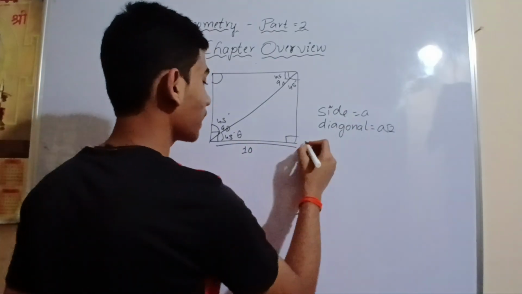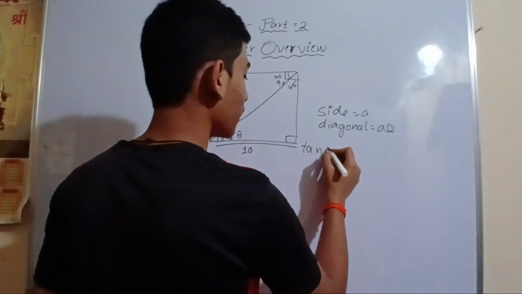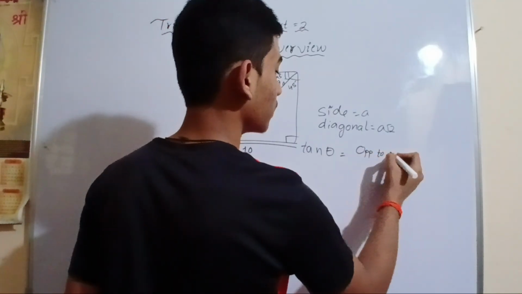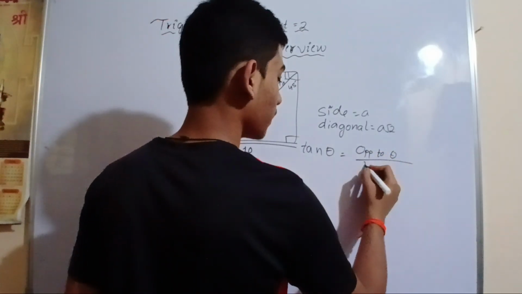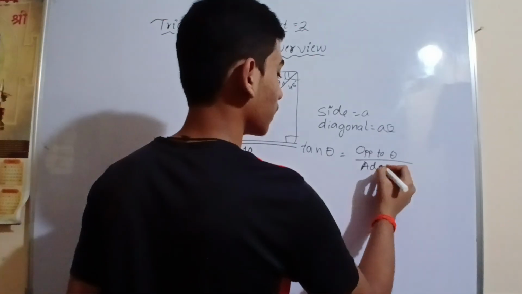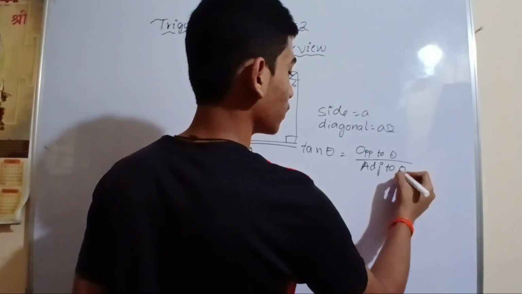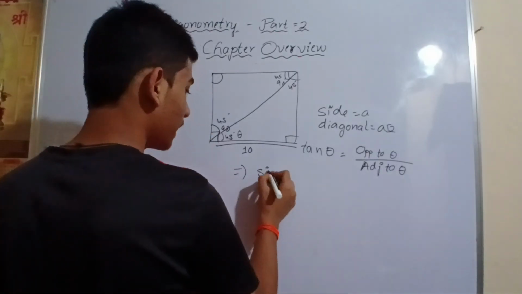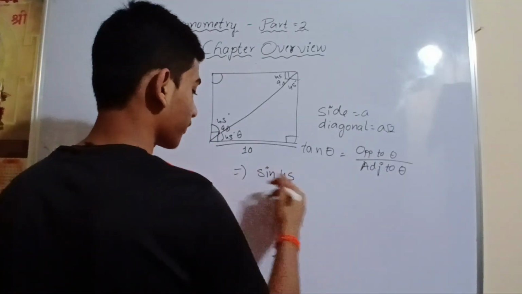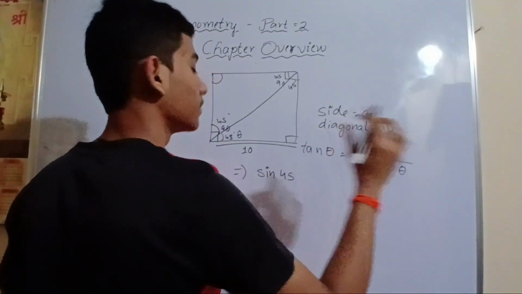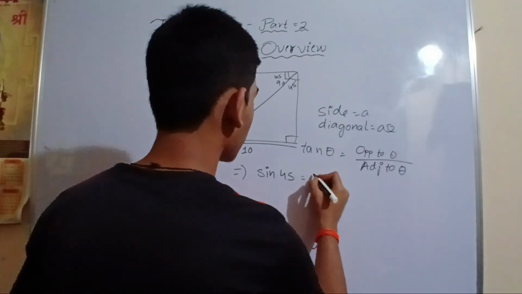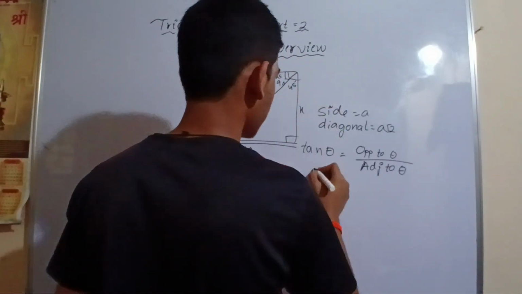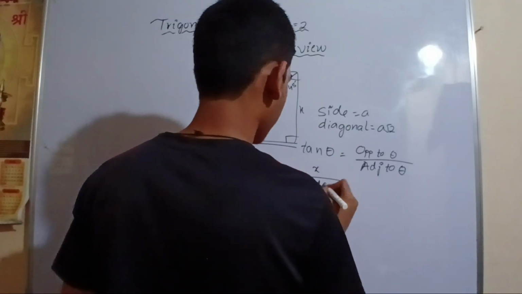opposite. So tan theta equals opposite to theta by adjacent to theta, which implies tan 45 equals opposite, let's name it x, by 10.